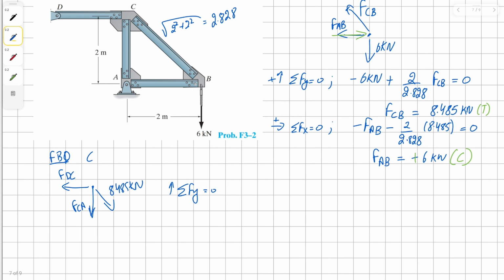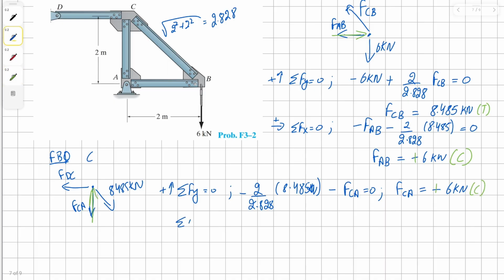In order to get the value for member CA, we're going to have negative 2 over 2.828 times our force at member CB, 8.485 kilonewton, take away our force at member CA, all equals to 0. Solving for member CA, we get our solution as negative 6 kilonewton. That means we assumed our vector to be in the wrong direction. It's going upwards, and therefore this is in compression.